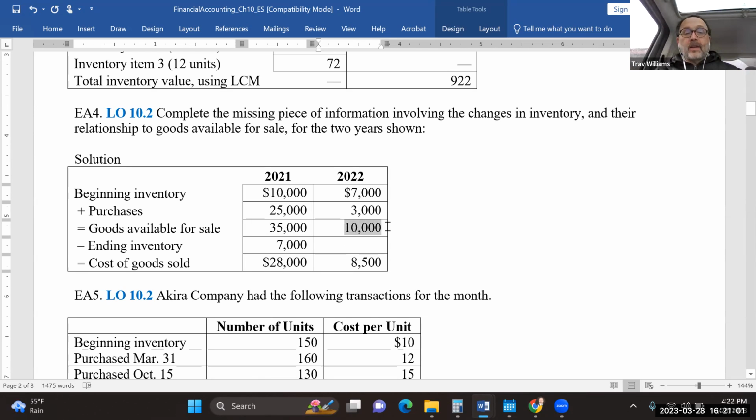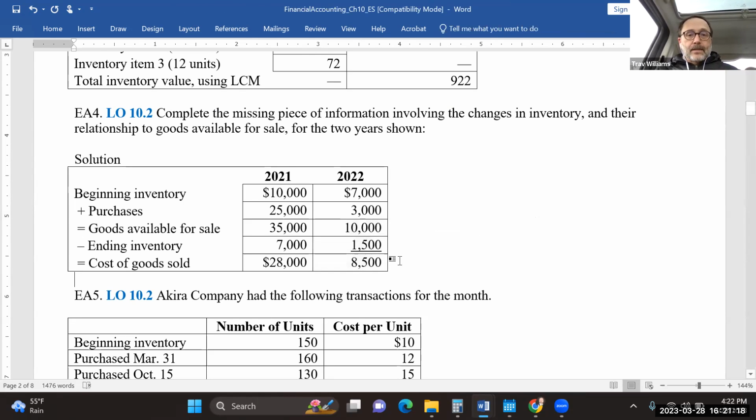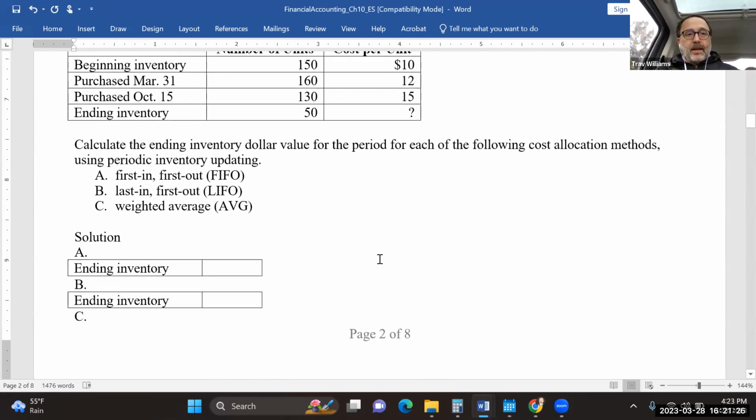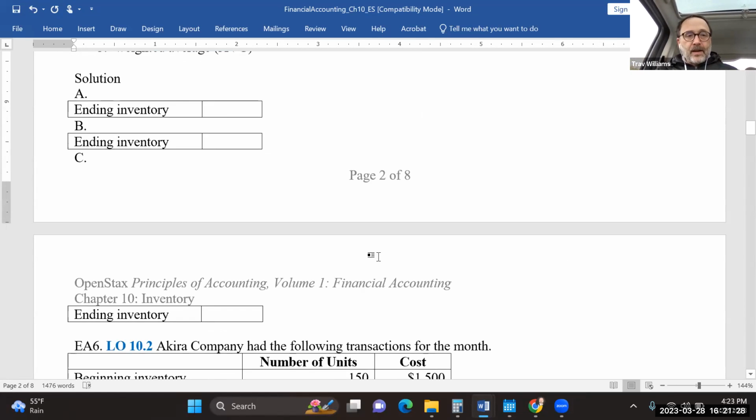Remember, you could take goods available for sale, subtract cost of goods sold, and that gives you ending inventory. And then you could check that by saying goods available for sale minus ending inventory gives you cost of goods sold. So that's all we have to do for exercise number 4. And now we'll go on to exercise 5.